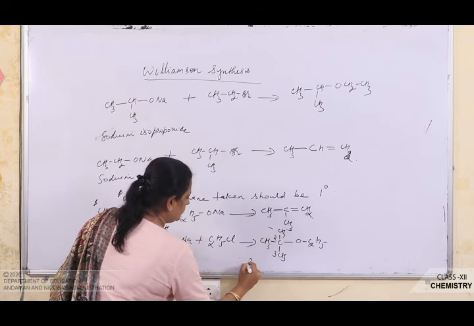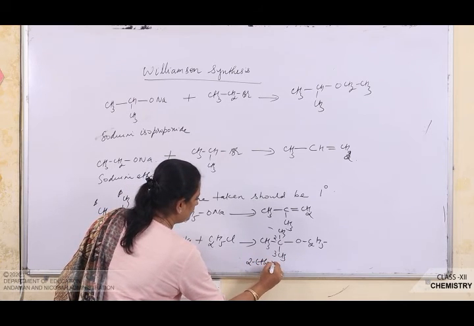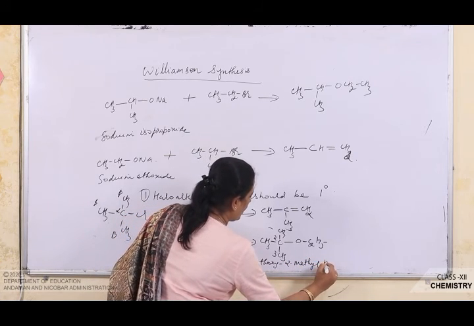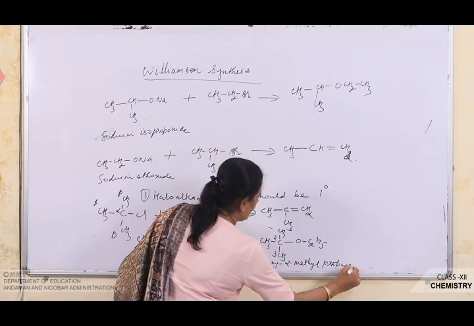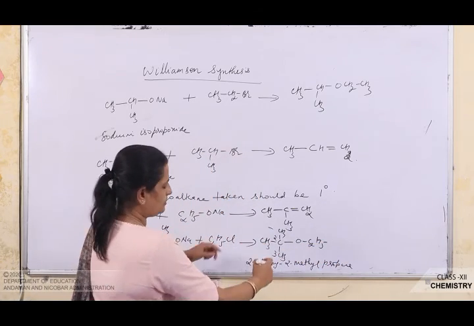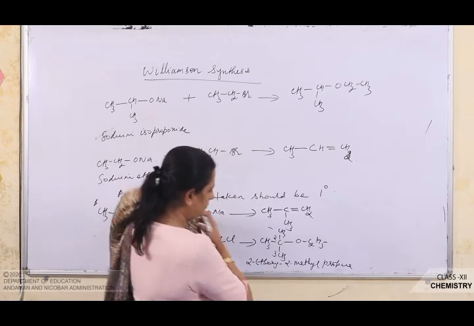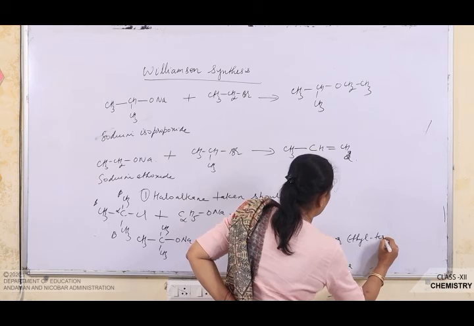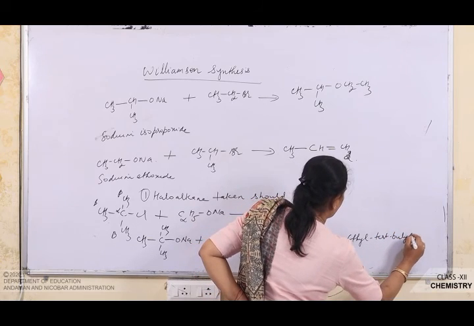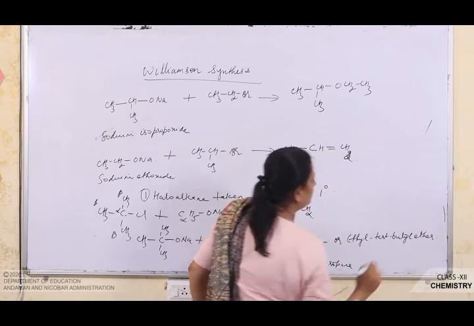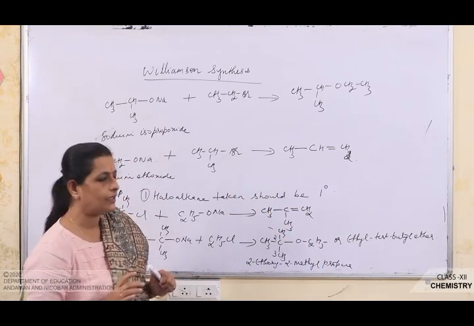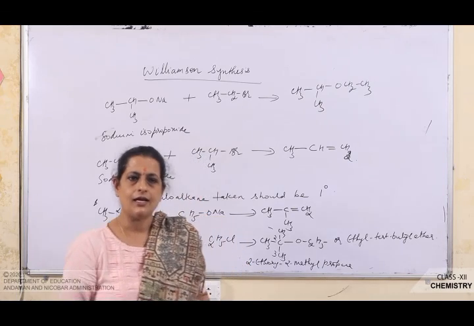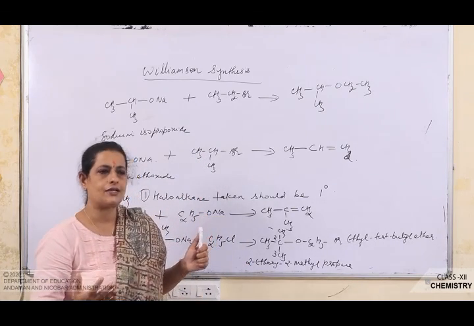So, its name is 2-ethoxy-2-methylpropane, or its common name is ethyl tertiary butyl ether. So, is it clear? In Williamson synthesis, you have to remember, the haloalkane which you take should be always primary. The alcohol can be either secondary or tertiary.